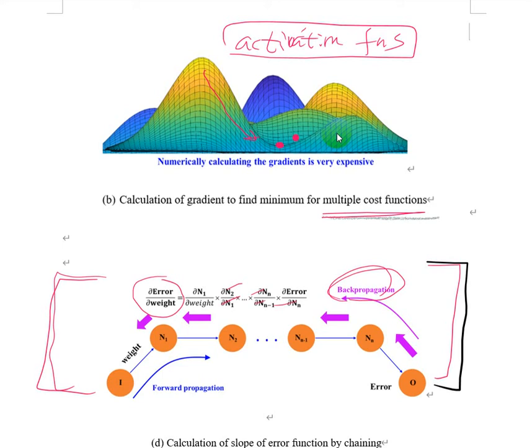So your error function here, your loss function right there, and the derivatives of the loss function are calculated. That is called gradient descent, and that is also used with the chain rule to calculate the rate of error with respect to weights at the end of backpropagation procedures.